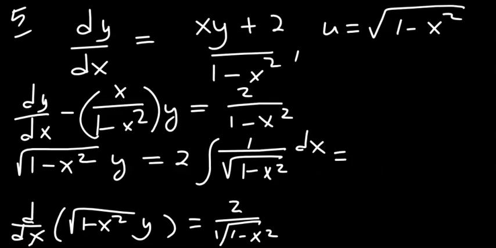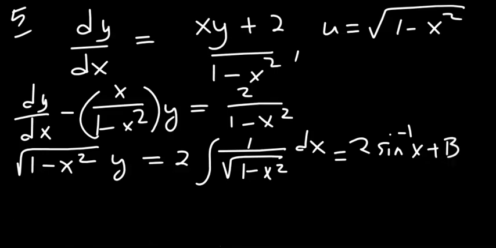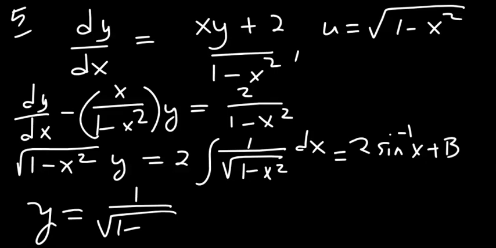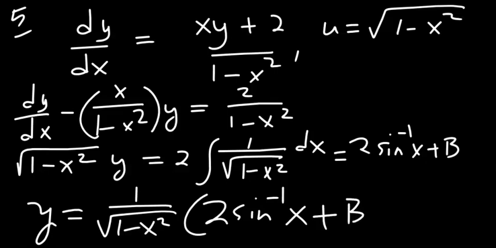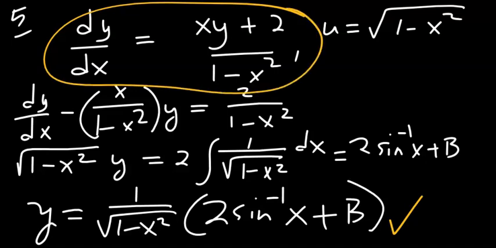So that means the right-hand side can be written 2 times inverse sine of x plus an integration constant b. And the general solution is therefore y equals 1 over square root 1 minus x squared times 2 inverse sine of x plus the integration constant b. And this is the general solution to that differential equation.